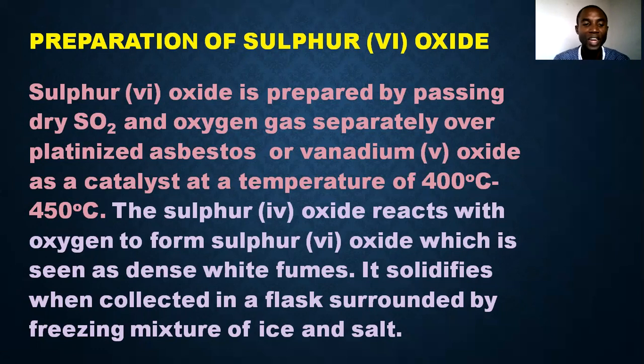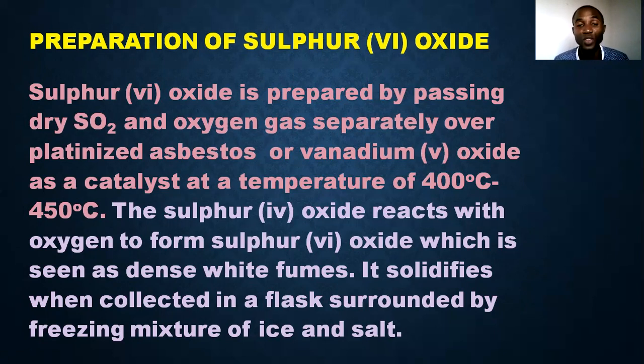This sulfur 4 oxide reacts with oxygen to form sulfur 6 oxide, which is seen as dense white fume. It solidifies when collected in a flask surrounded by a freezing mixture of ice and salt.